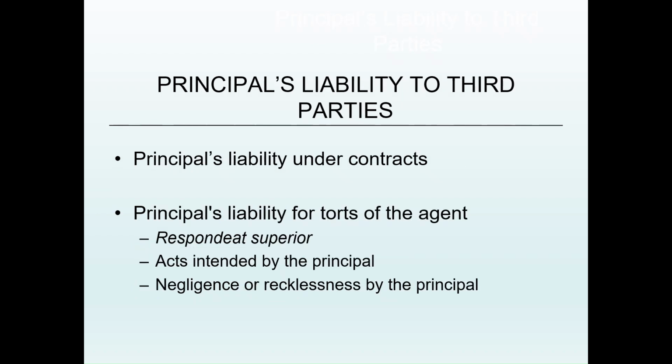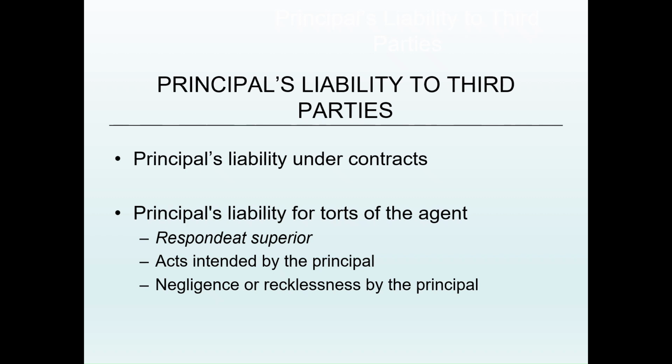So the principal can have liability to third parties in addition to liability to the agent. Principals have liabilities under contracts that they have entered into, and so the principal is liable under contracts made on the principal's behalf by an authorized agent.